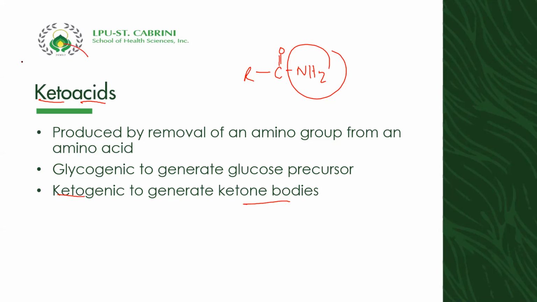Again, keto acids result from the removal of our amino group. Glycogenic means generating glucose precursors, and ketogenic means ketone bodies.